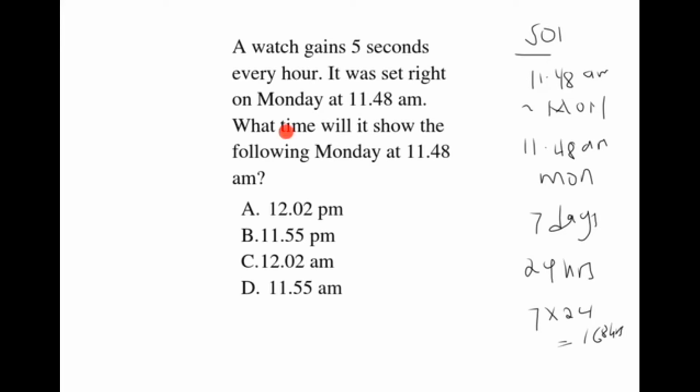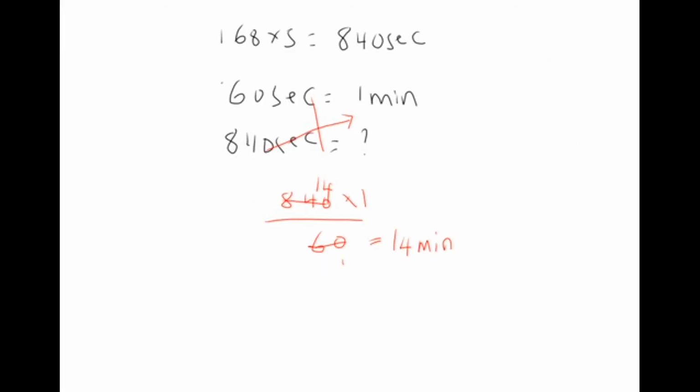Therefore, we ask, what time will it show the following Monday at 11:48 a.m.? Therefore, we shall have 11:48. It gains, so here we shall add 14 minutes. When we add 48 and 14, this gives us 62. 1 hour is equivalent to 60 minutes, so subtract 60 from here.